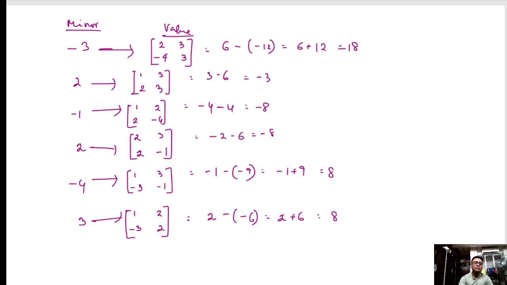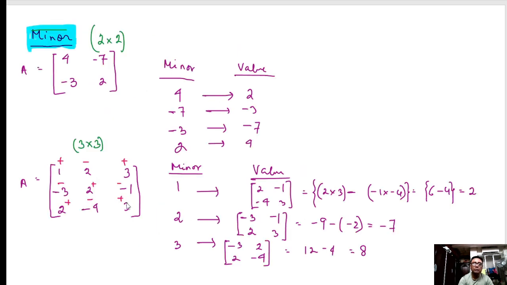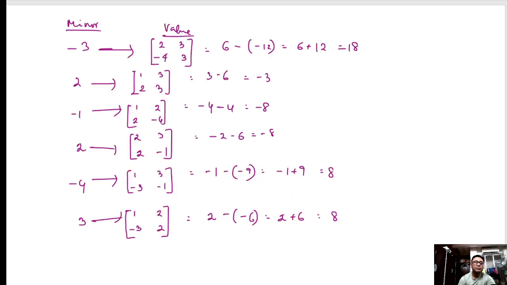Next, the last one is we have to choose 3. Okay, so how much is it? Don't choose this row or the column. So we are left with this part. Okay, so now see, we have chosen it here. So it is 2 and this is minus 6.